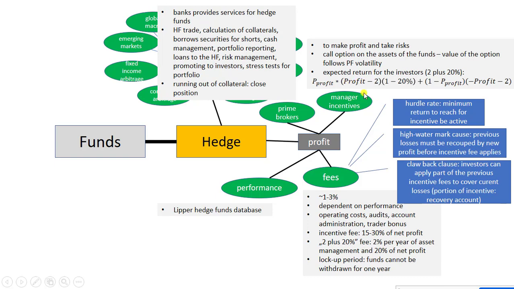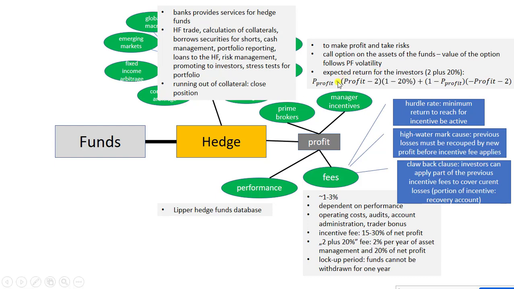So altogether, if we have to calculate manager incentives, first of all they have to be motivated to make profit and take risk, and that's why they usually have a call option on the assets of the fund, which will be based on the volatility of the fund due to the nature of option pricing.